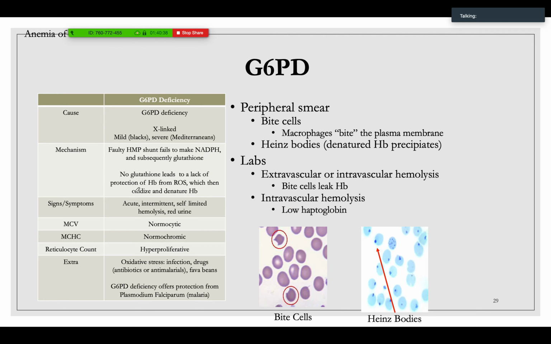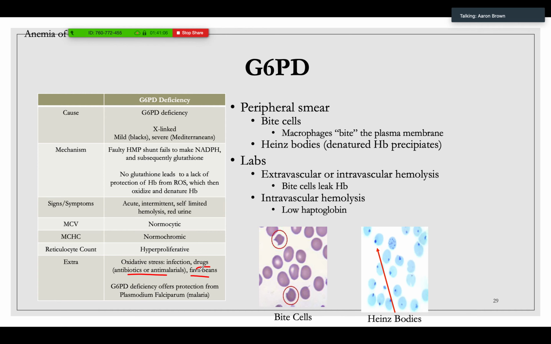Okay, and so typically there's going to be some sort of trigger that starts this hemolysis. So some sort of medication, antibiotics, antimalarials, sulfa drugs. If your patient eats some fava beans, that can sometimes be enough to trigger this. And so you're going to see some history where it kind of came out of nowhere.